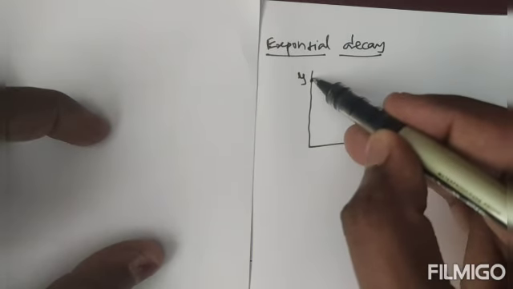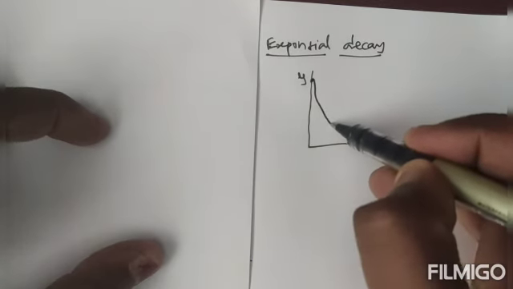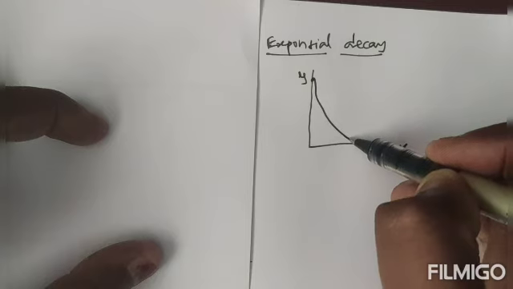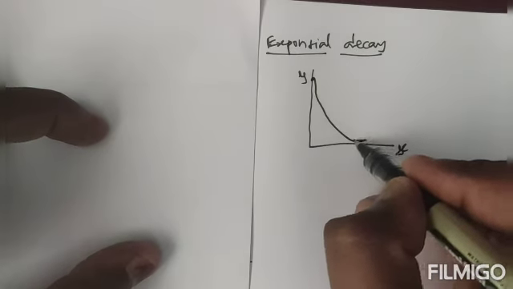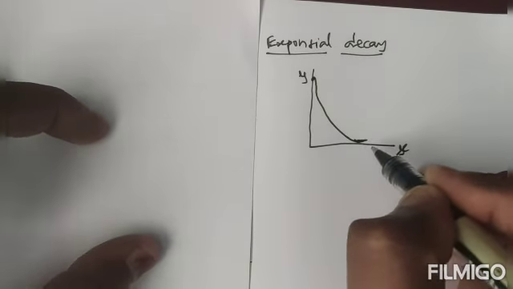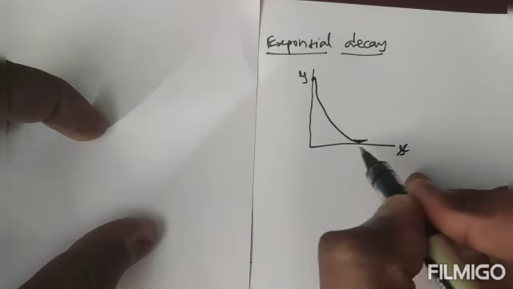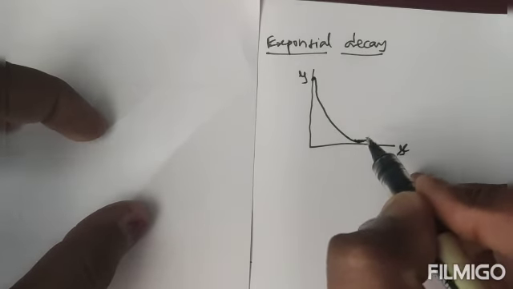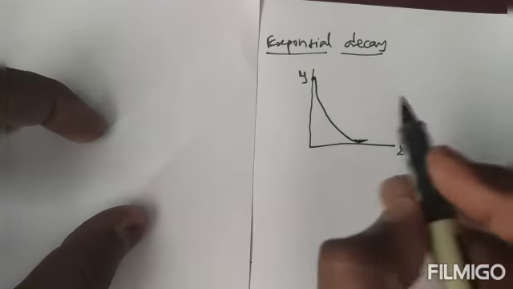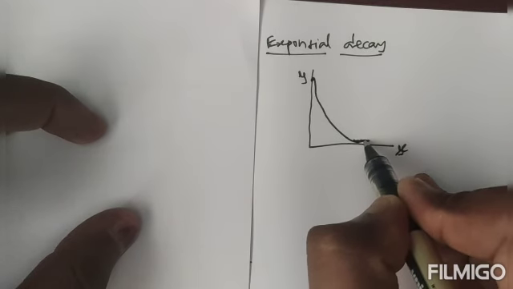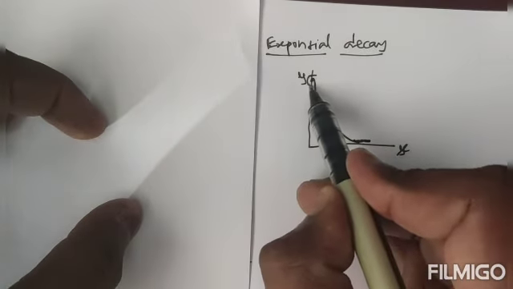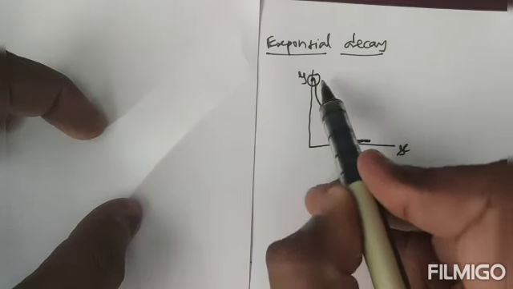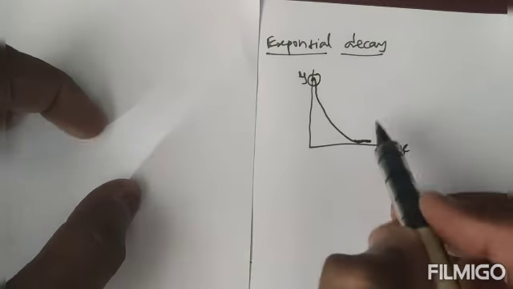Then after that it decays like this, exponentially decreasing. This kind of graph is exponentially decreasing, but let us imagine it will not touch the x-axis. That is very important. Some gap should be there. It will not touch. Here it is connected, but here it is not connected.